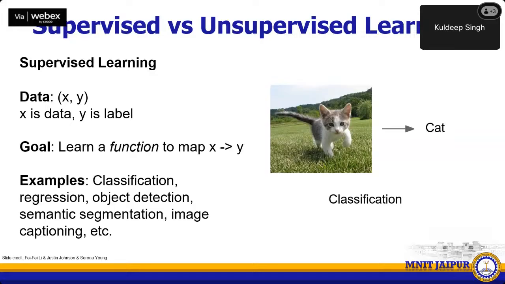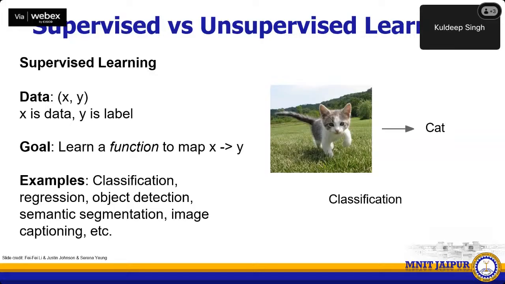In a supervised learning type of setup, we have the data X and the corresponding label Y. So if it is an image classification problem, the image will be your data input X, and the label cat in this example will be Y. And in supervised machine learning, your main goal or objective of learning is to learn a function which can map the input data to your label Y.